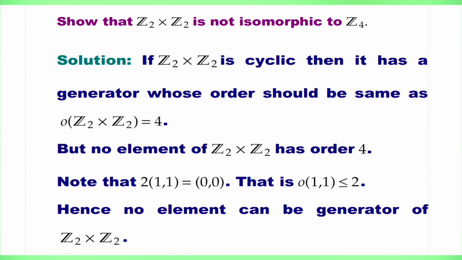That is, the order of (1,1) is less than or equal to 2. Hence, no element can be a generator of Z2 cross Z2, because if it is isomorphic to Z4, we are looking for an element whose order should be equal to 4. Since no such element can be found in Z2 cross Z2, it has no generator. Therefore, Z2 cross Z2 is not isomorphic to Z4.